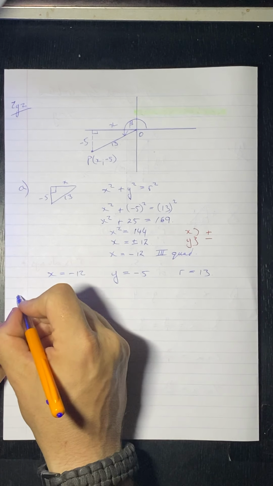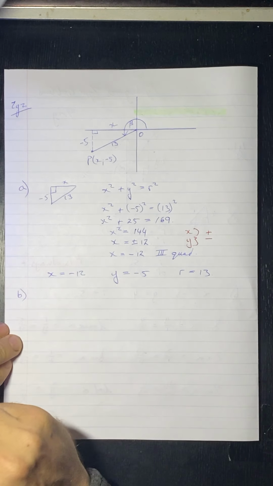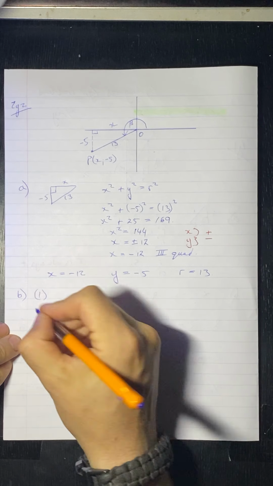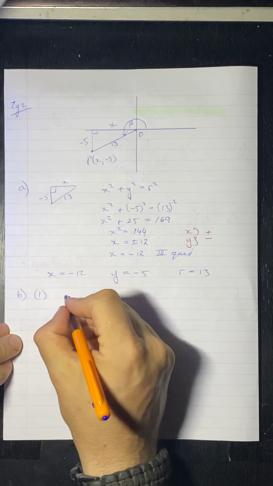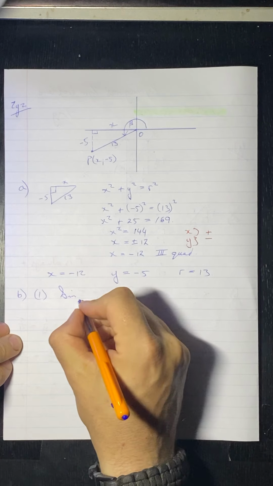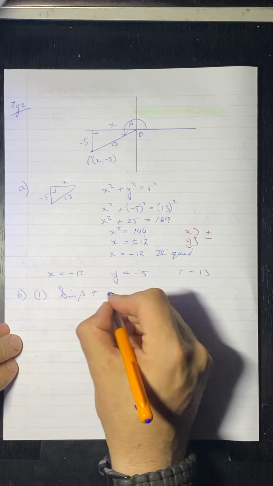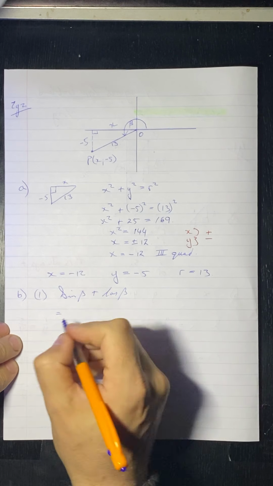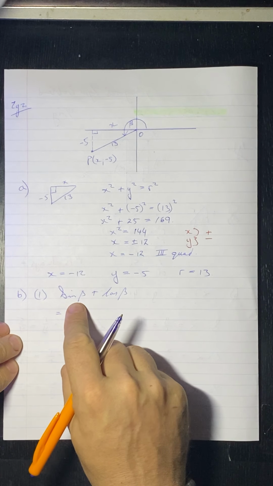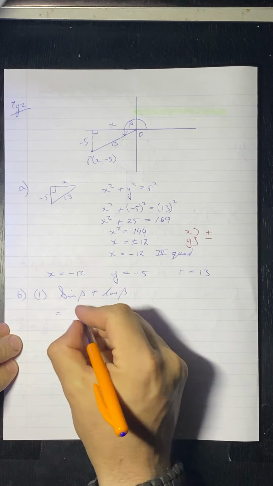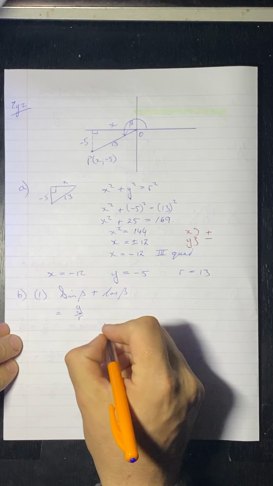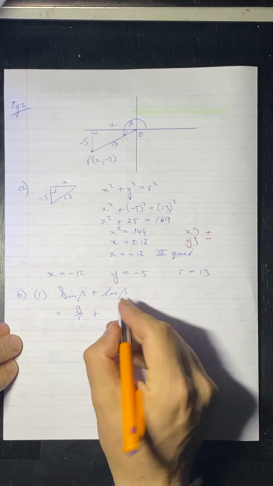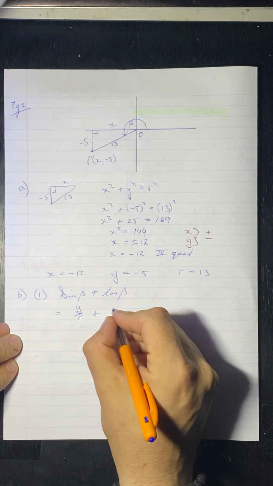Question B1 is asking us to find the value of sine beta plus cos beta. Sine in terms of x, y, and r is y over r, plus cos is x over r.